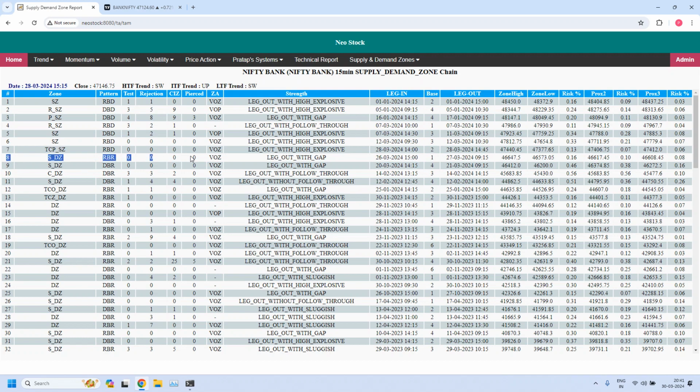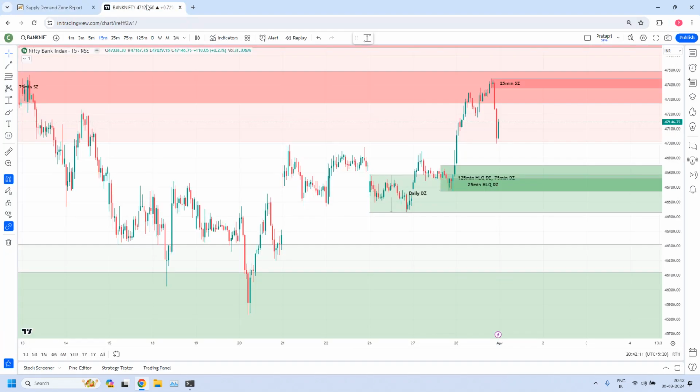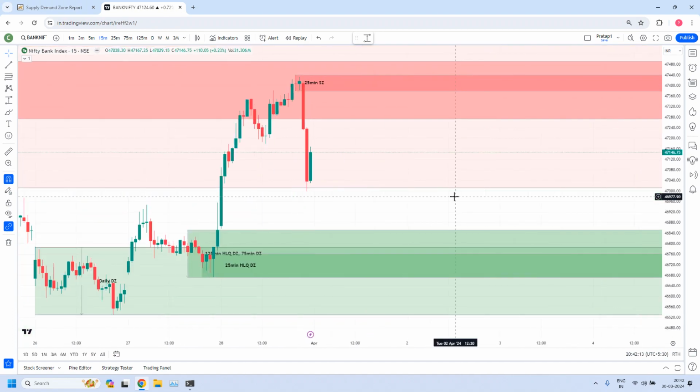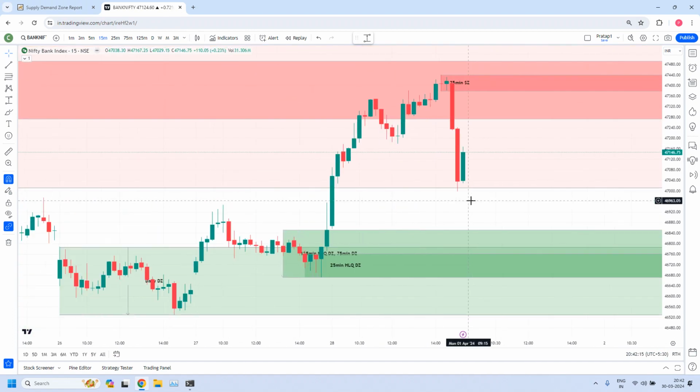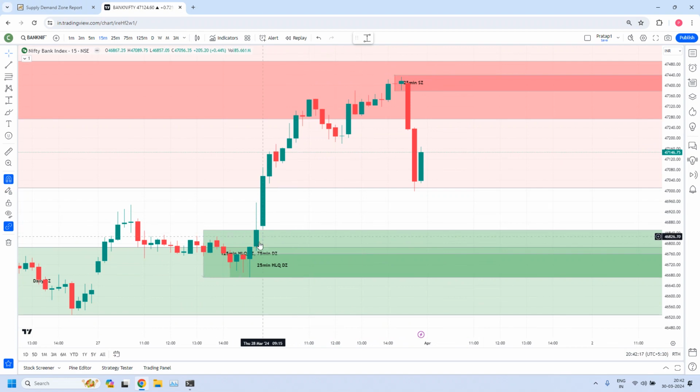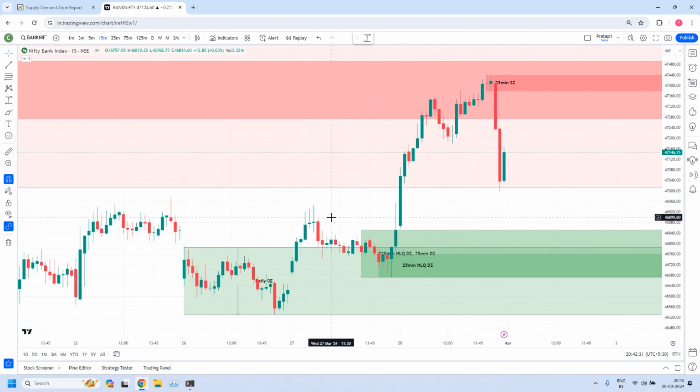So first let us draw the demand zone here. Even below also you have demand zones, multiple. All are high liquidity. A lot of order flow is there from the demand zones point of view. So 26.3 at 15 hours, one base candle. 26.3.